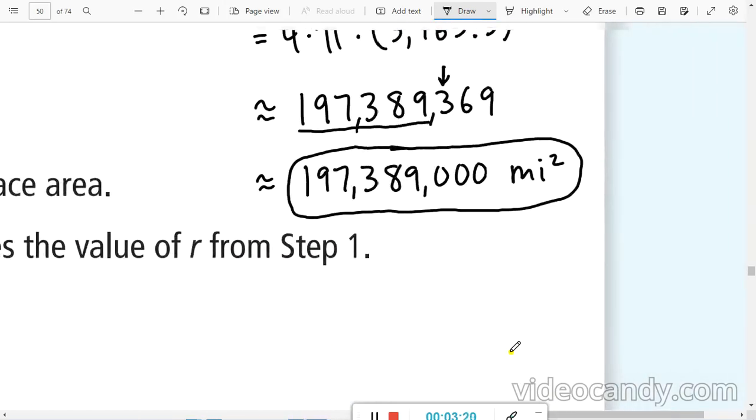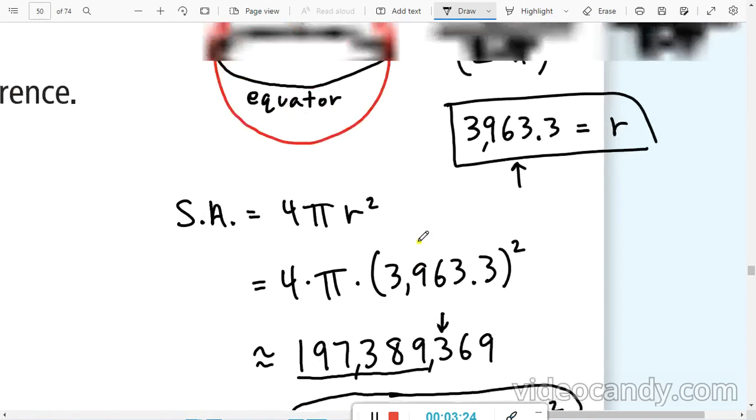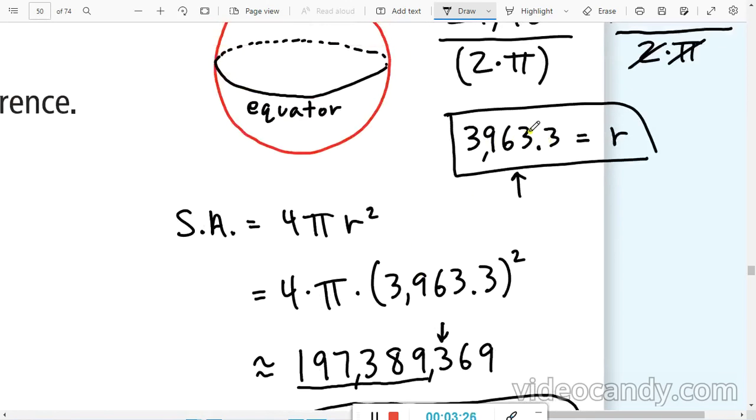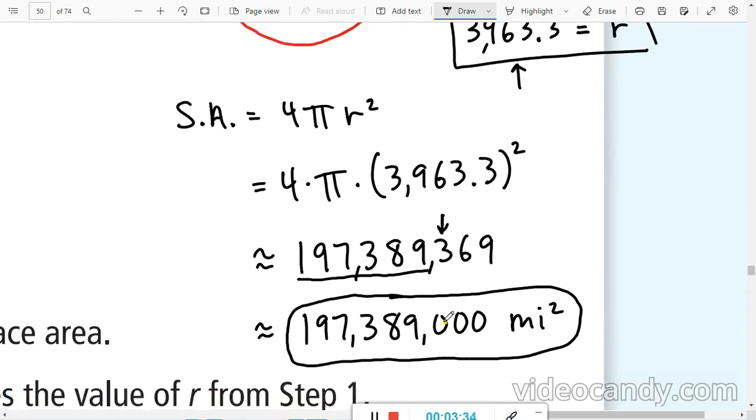I got 197,389,000, and that's because I rounded off. Like I said, if we did this on the calculator and stored this number and then used that number right here, I would have got 387,000 instead of 389, but no big deal.